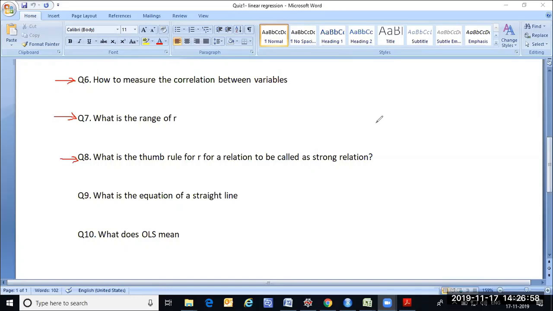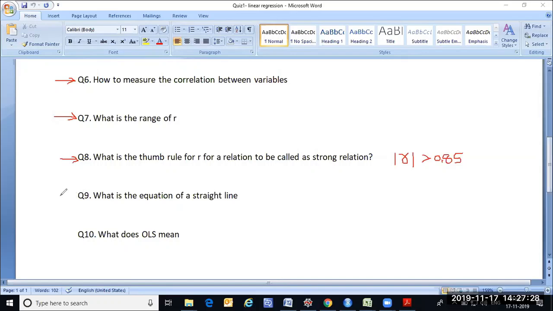To call the relationship between two variables a strong relation, the value should be more than 0.85. Which value has to be more than 0.85? Is it small r or capital R? The modulus of small r. The mod of r should be more than 0.85. Only then can you call the relationship a strong relation.